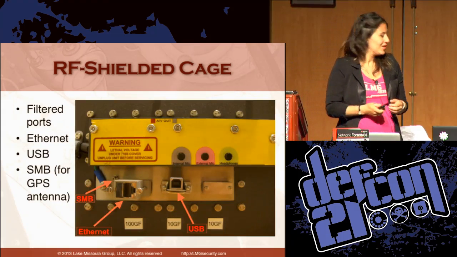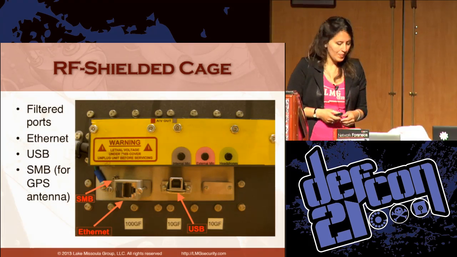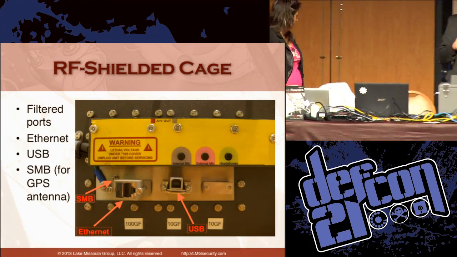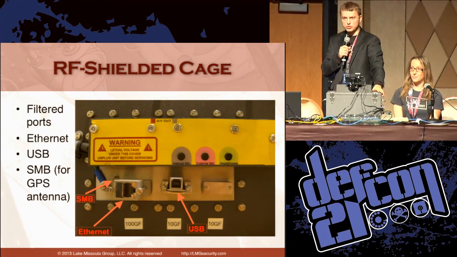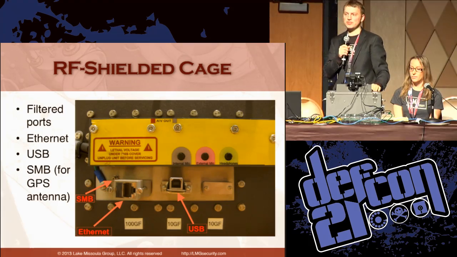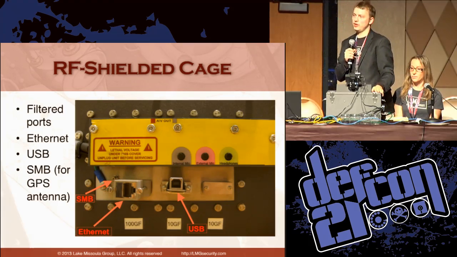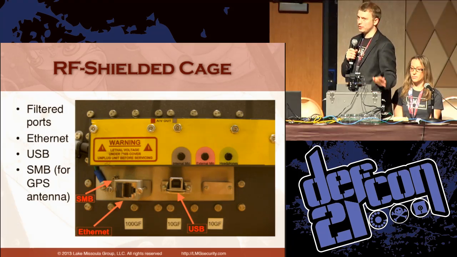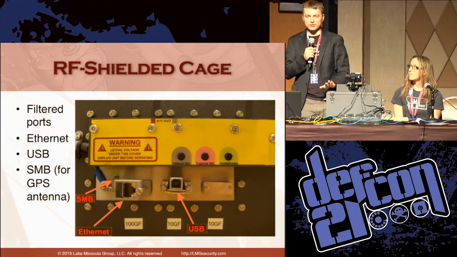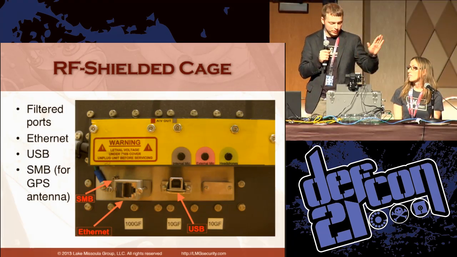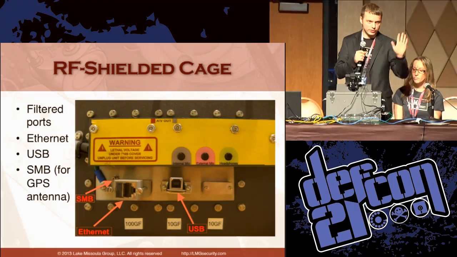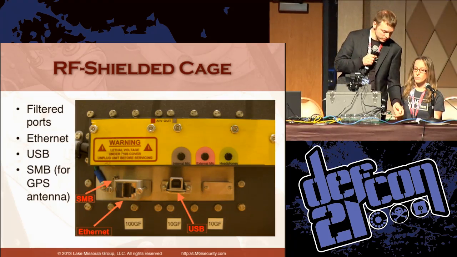So David, do you want to talk about the ports? So yeah, let's talk a little bit about all this stuff you see up here on stage. The RF shielded cage here, we're using, as we said, out of an abundance of caution, so we don't end up accidentally capturing your traffic. Now, these femtocells can be configured to only connect to certain phones. But in addition, we wanted something that was an absolute guarantee that we wouldn't accidentally get someone else's traffic that wasn't ours.